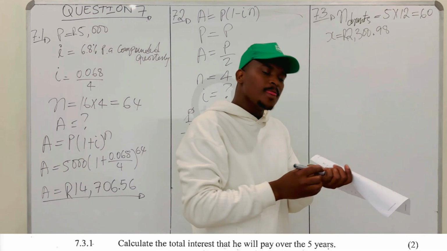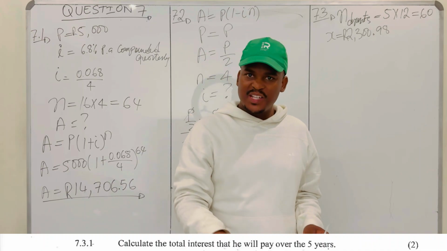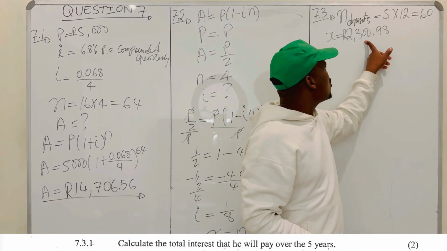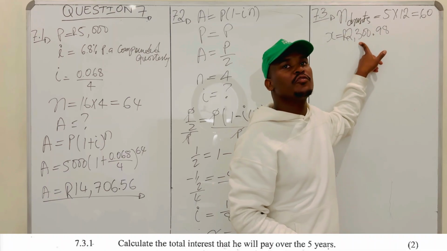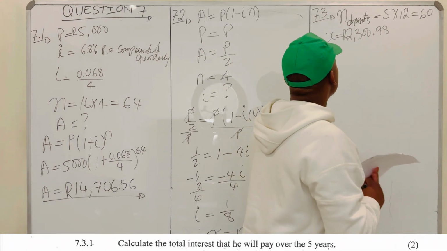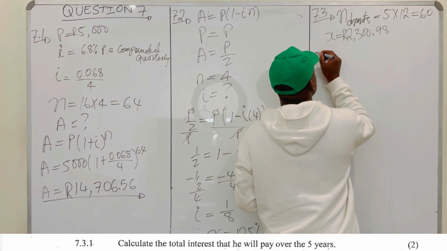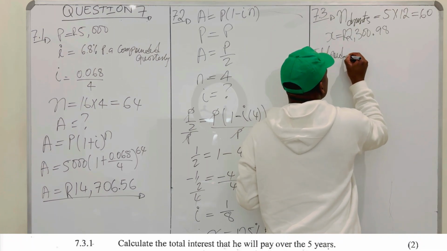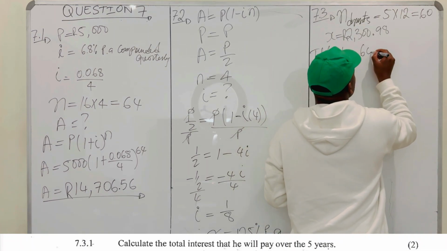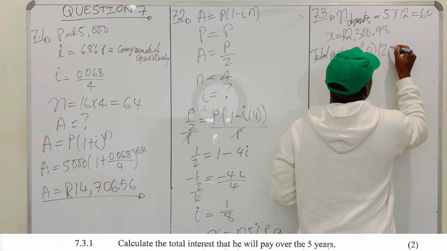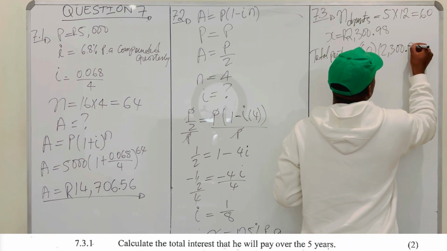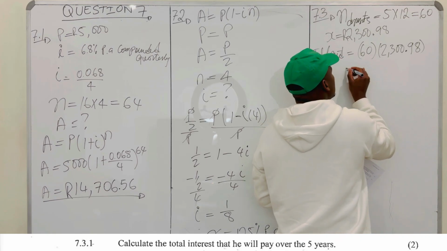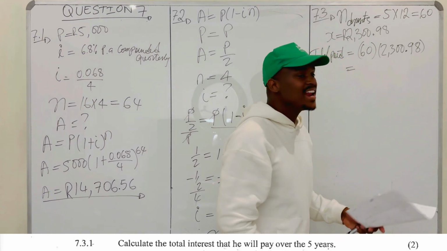So if you want the total amount that you have deposited in that account, you multiply this amount by the number of deposits, because he will deposit 60 of these amounts. So the total amount paid will be 60 times the 2,398 rand.